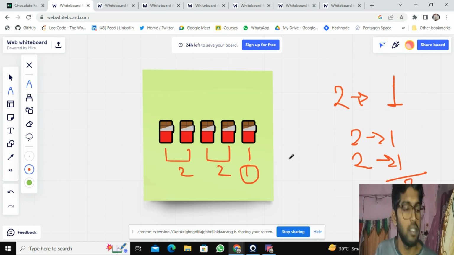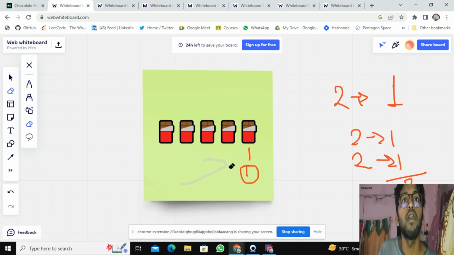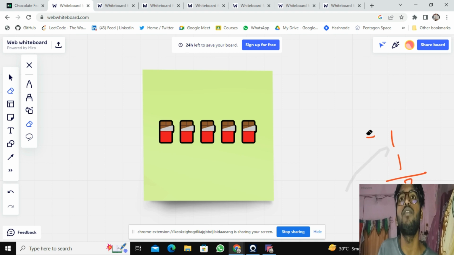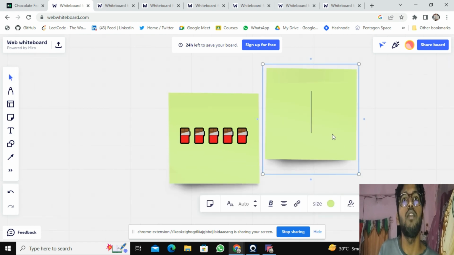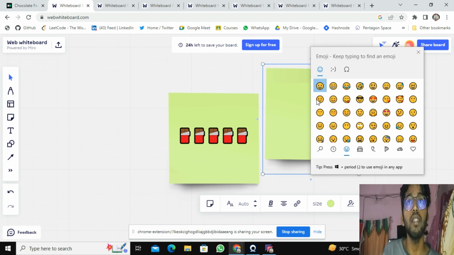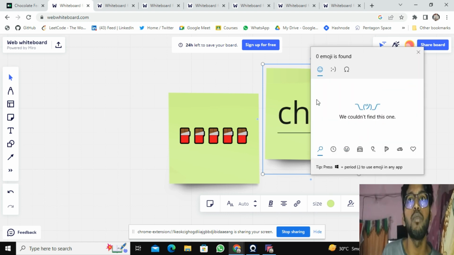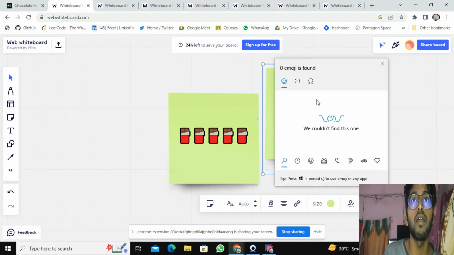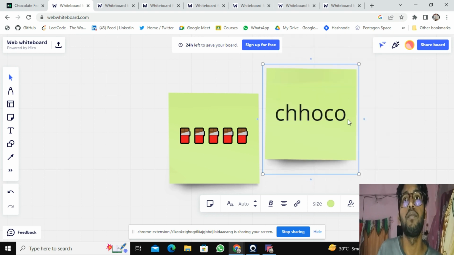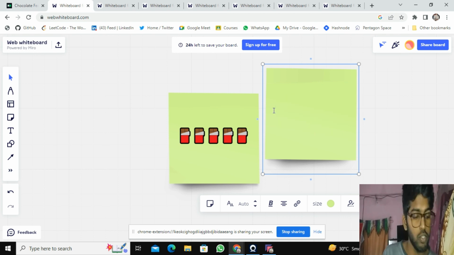Okay, so I will just show you. Initially I was having only 5 chocolates, but now I have two more chocolates. From where did I get these two more chocolates? From returning those wrappers.